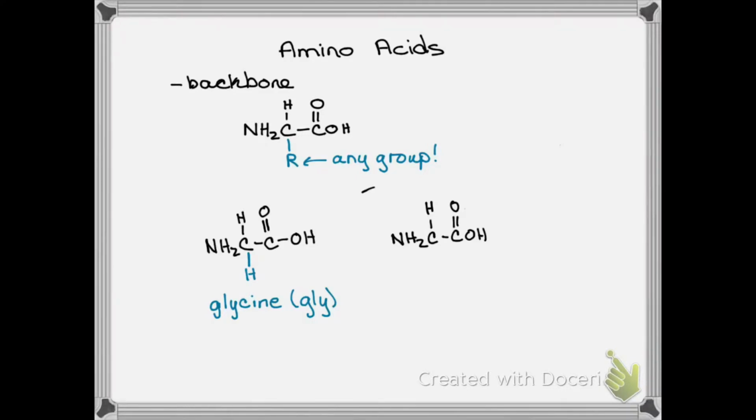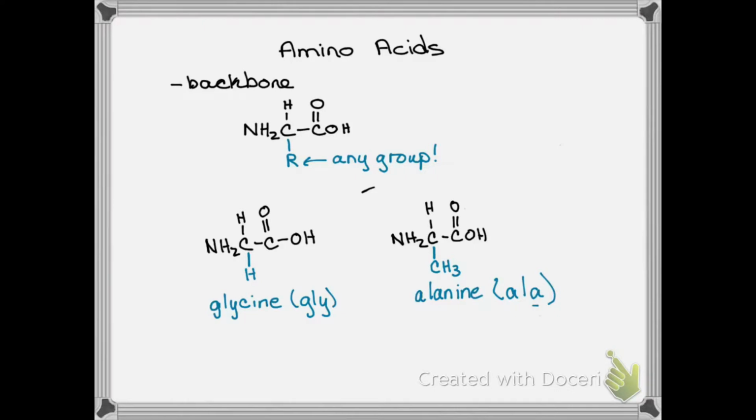Glycine and alanine are different because instead of a hydrogen coming down from that alpha carbon, we have a CH3 group for alanine. So this is alanine, and its abbreviation is ALA. Okay.